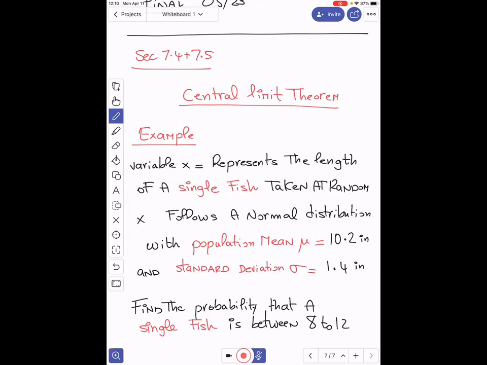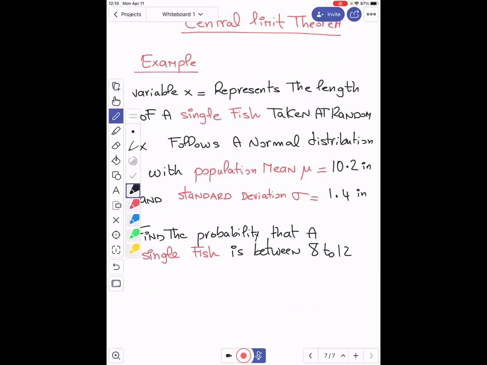Again, x is the length of a single fish. You take a random fish and you want to find the probability that the single fish is between 8 and 12 inches long.